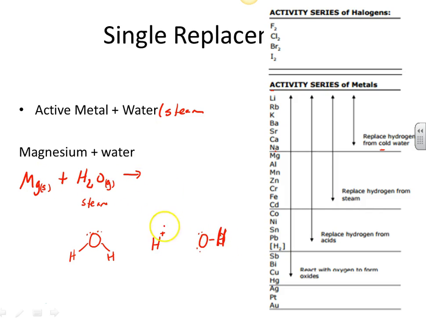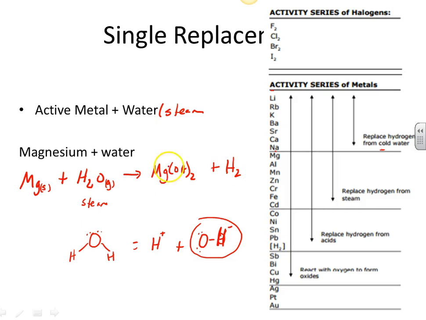So the pattern that this is going to produce is magnesium combining with the hydroxide, which has a -1 charge. So that gives Mg(OH)2, plus, this is happening twice to give two OHs, so that's going to give H2.